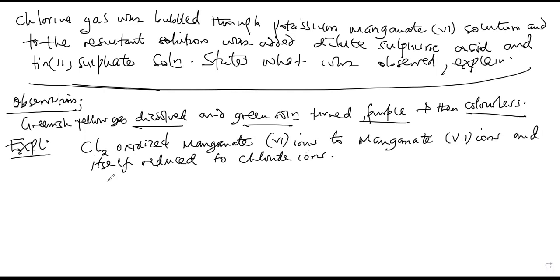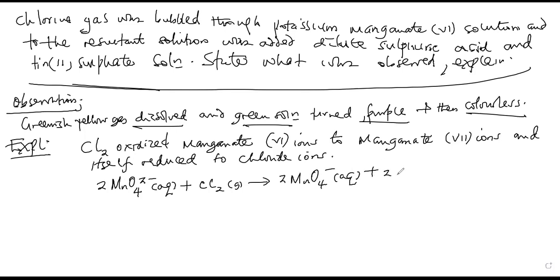So the equation would be: manganate 6 ions from potassium manganate 6, plus chlorine gas. This will be oxidized to manganate 7 and 2 chloride ions.